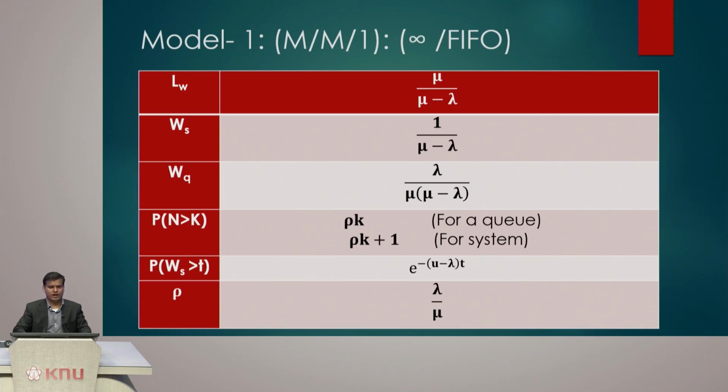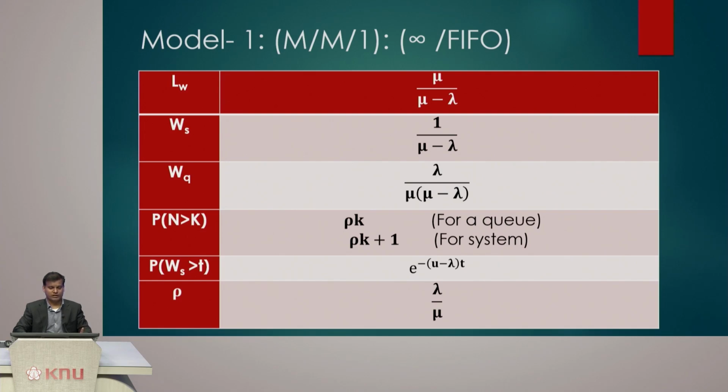LW is mu by (mu minus lambda), WS is 1 by (mu minus lambda), and WQ is lambda by mu times (mu minus lambda). We have the probability of n greater than k, where it is rho to the k for a queue and rho to the k plus 1 for a system, because it is a single server system in which only one server is there.